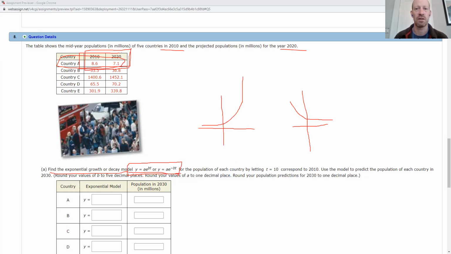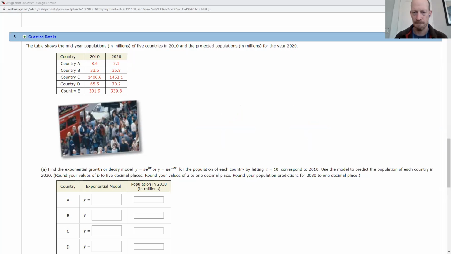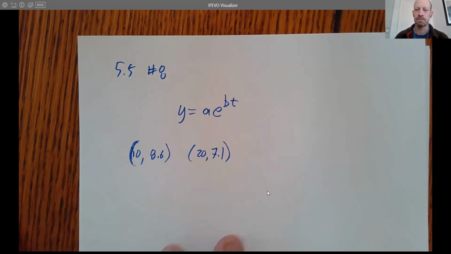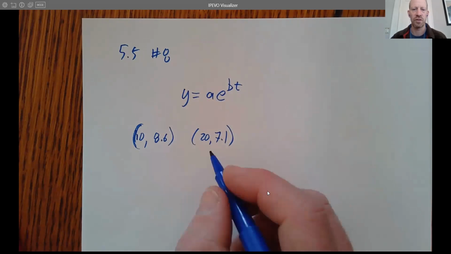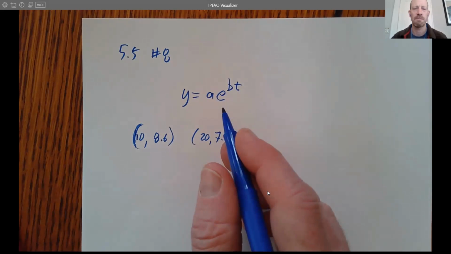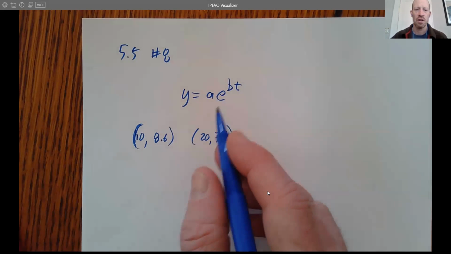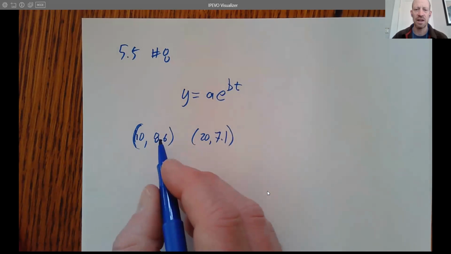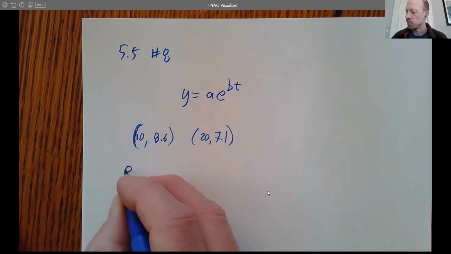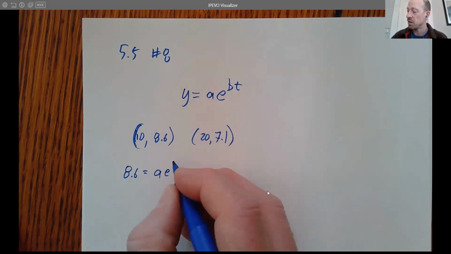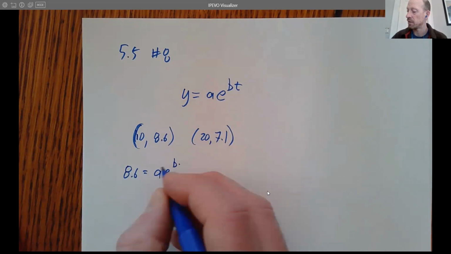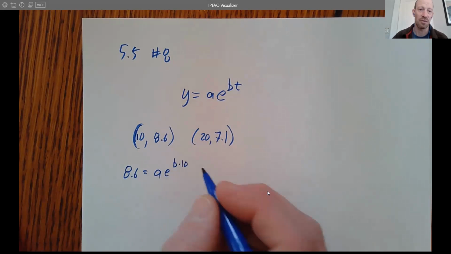So let's go back here. This is the information, and this is our model that we're looking to figure out. If I put in this value of 10 and 8.6, it looked like this: 8.6 equals A E to the B times 10. 10B would have been better, right?